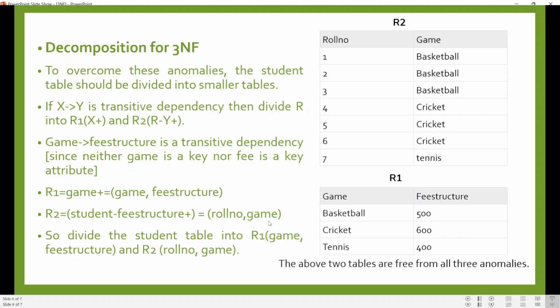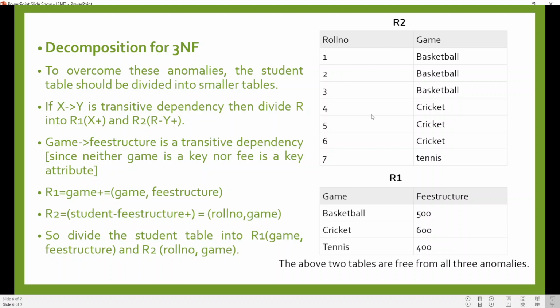R2 will be roll number and game. So now we have decomposed this relation R into R1 and R2, where R1 consists of attributes game and fee structure, and R2 consists of attributes roll number and game.